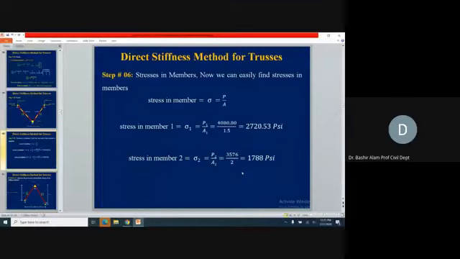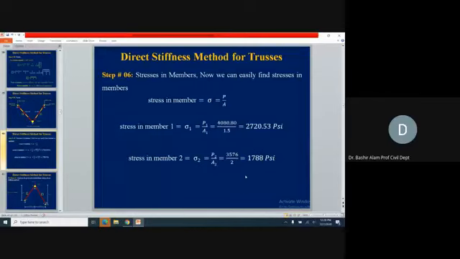So if you see here member 1 now, it is more than 2000. So it means you need to grow this size now. Instead of 1.5, maybe you need 1.75 or maybe 2 inches square. So then the design is coming. But design you see here now, design is based purely on the analysis. What we do in the design, it's a hit and trial method.